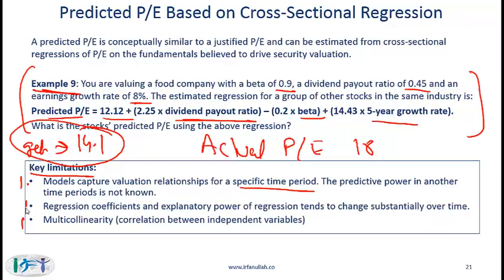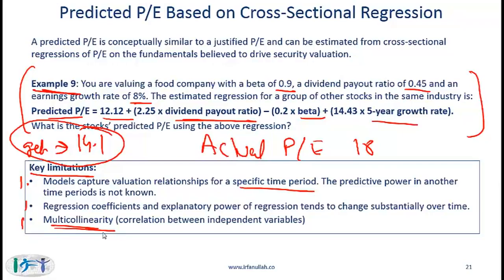And one that you might recall from quant is multi-collinearity. What does multi-collinearity mean? This means that the independent variables might have a correlation with each other. So in a regression context, if independent variables have a linear correlation with each other, then that is bad.